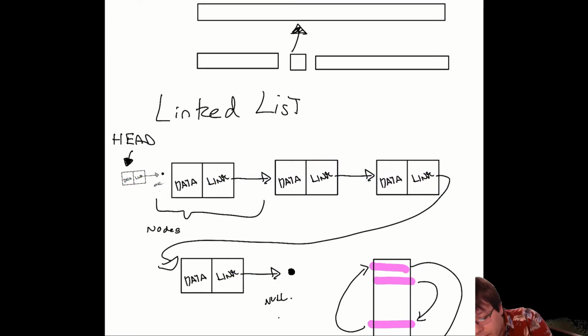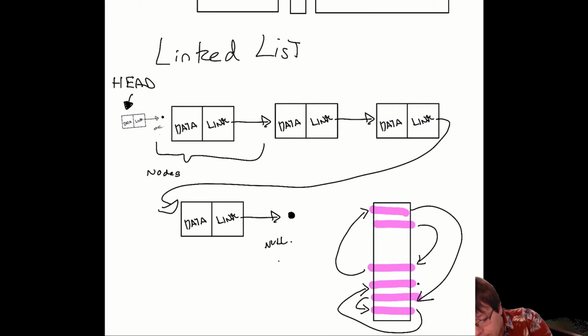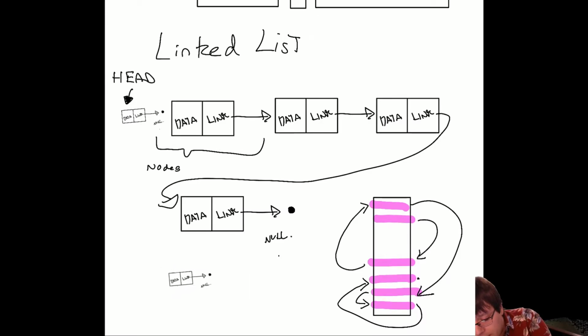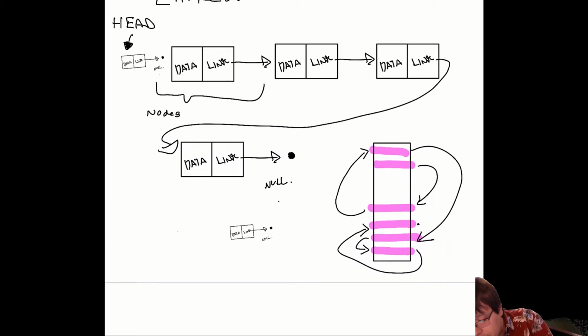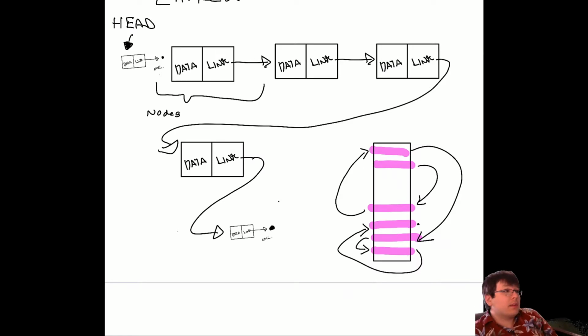All right, what if we want to insert a node at the end of the list? Well, we first declare our node as it has been allocated, and then we can just go ahead and update the last pointer that's here so that this is no longer pointing to null, and instead it's pointing to our new node, and then make sure that this one is pointing to null to signify that it's the end of the list. So we can insert in the beginning and we can insert in the end.